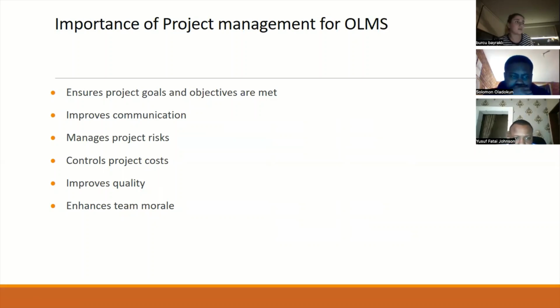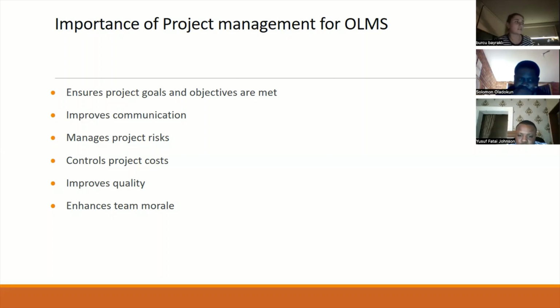The online launch management system involves several risks, such as technical issues, unexpected delays, and scope creep. Project management helps to identify the risks, develop contingency plans, and mitigate them. By managing risk effectively, the project manager can minimize the impact of unexpected events on the project.